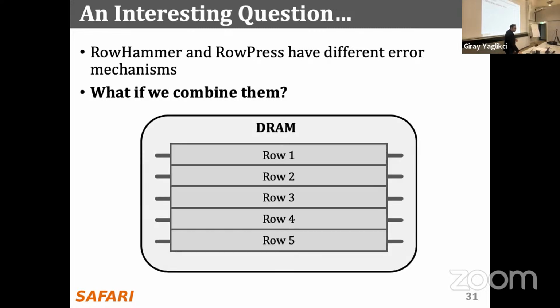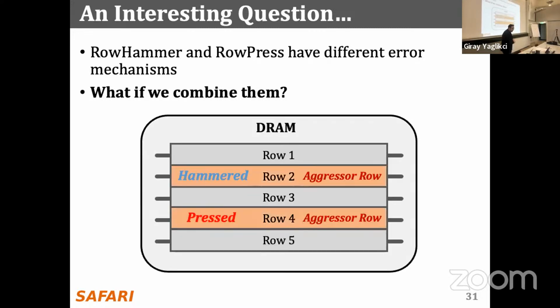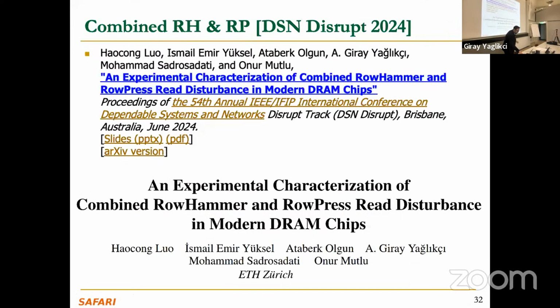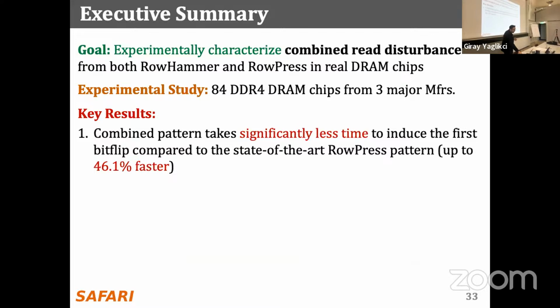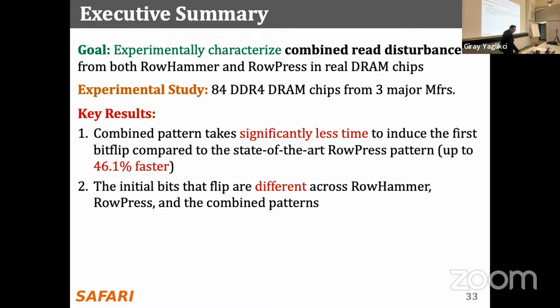So we did some initial experiments. We have these two rows as our aggressor rows, and we keep hammering one of the rows while pressing the other one. So they're attacking the same victim row over there, right? This is a paper that was published in the Disrupt track of the DSN conference this year. We combine these two access patterns, and we test them in 84 different DRAM chips from 3 major manufacturers.